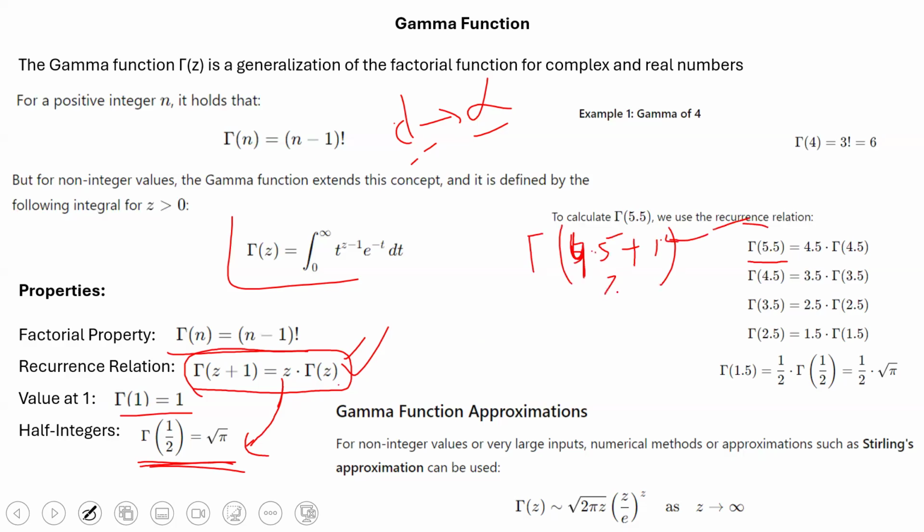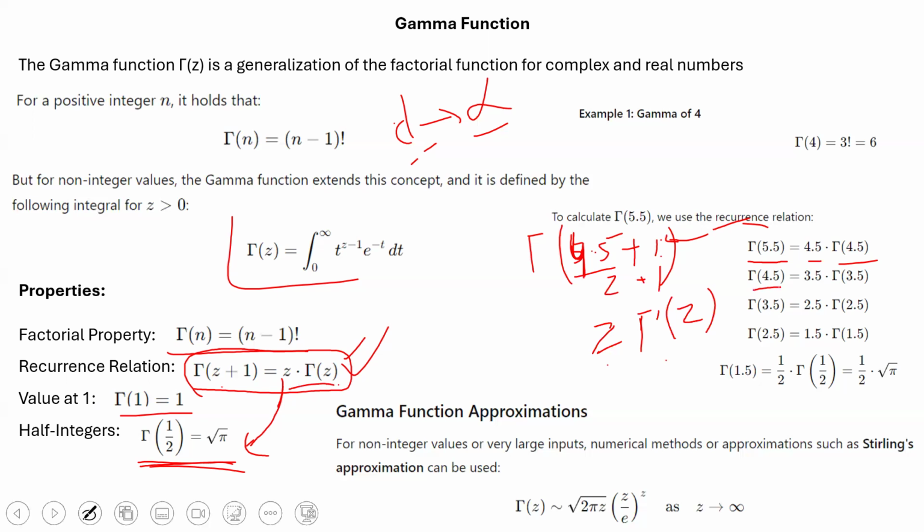This becomes z plus 1, where z is 4.5. So this becomes z times gamma of z, where z is 4.5, and gamma is gamma of 4.5. So gamma of 5.5 can be converted to 4.5 times gamma of 4.5.